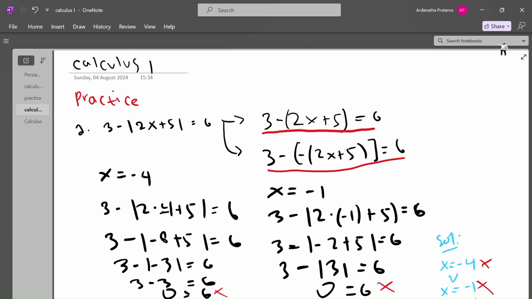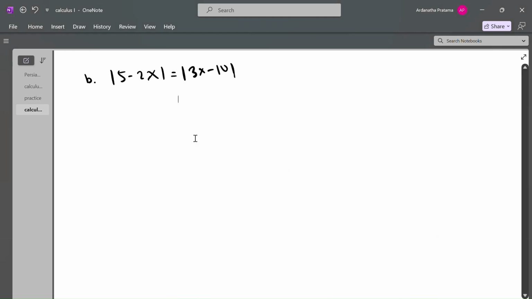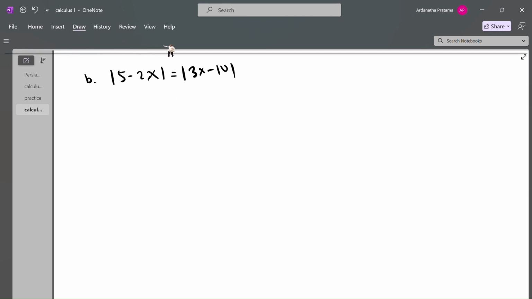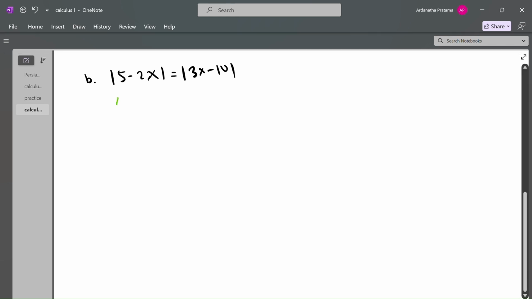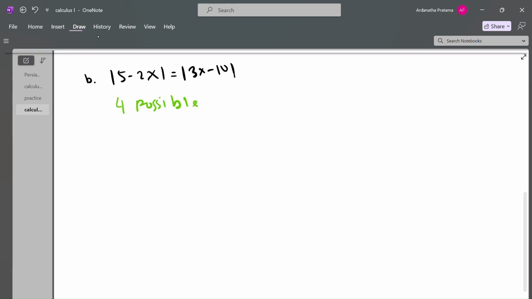Okay, next we have the absolute value of 5 minus 2x equals the absolute value of 3x minus 10. According to the theorem in the previous video, we will have 4 possibilities here. Why does that happen?